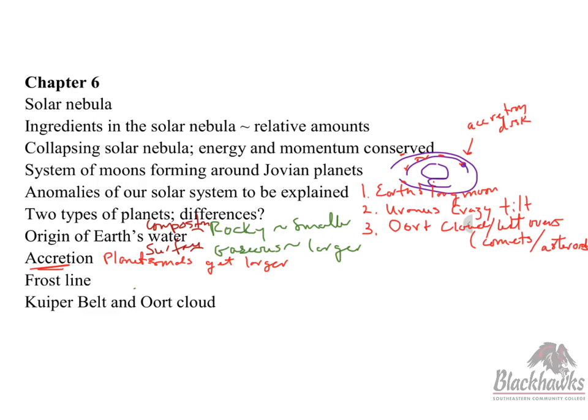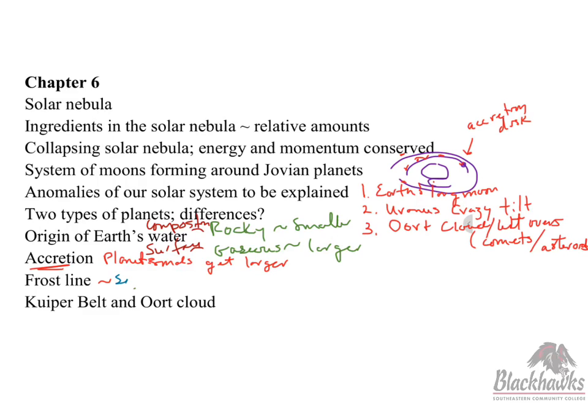The frost line, it separated the terrestrial planets from the gaseous planets, right? But another thing, or the reason it separates it, is based upon the temperatures at which stuff will condense.